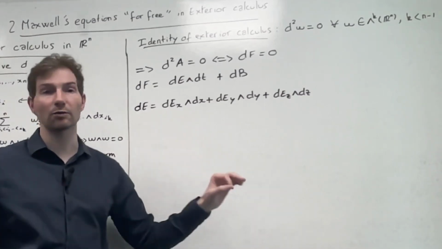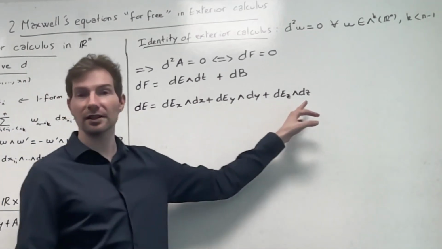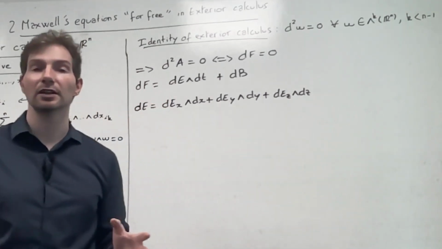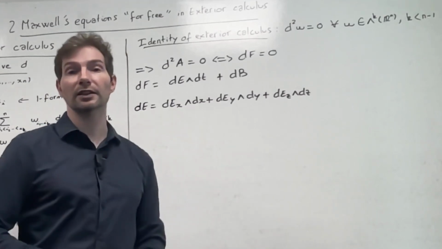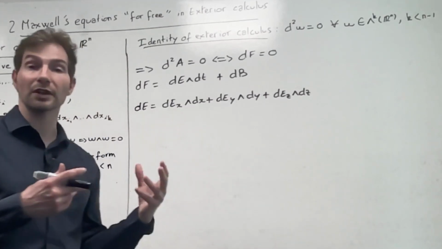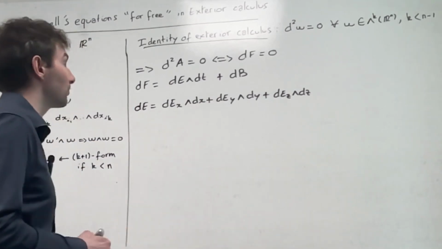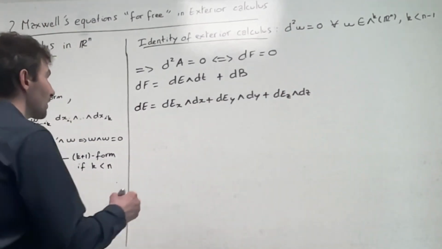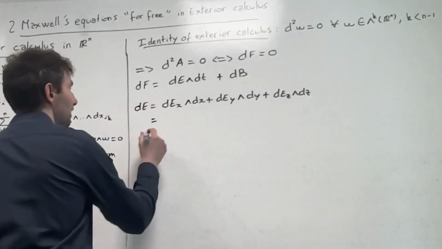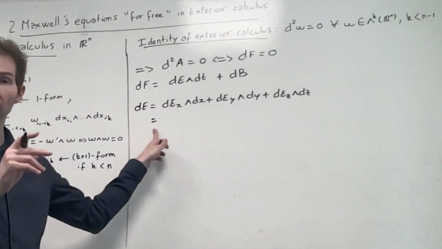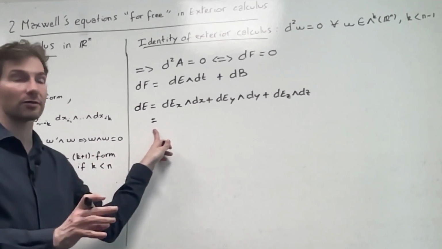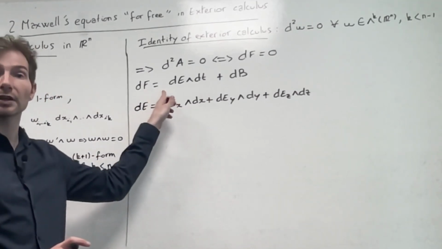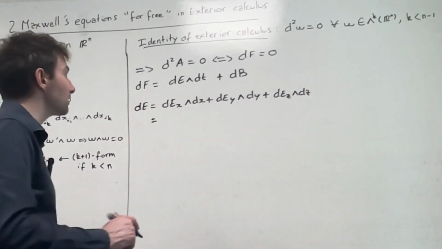And of course, dy wedge dy is 0, and dz wedge dz is 0 as well. Keep these things in mind because that makes the calculation faster, as we have fewer terms to take into account. So the equal sign I'm writing here is not an exact equal sign, it's an equal sign with respect to the terms that are relevant to the calculation I want to do here. Okay, so keep this in mind.